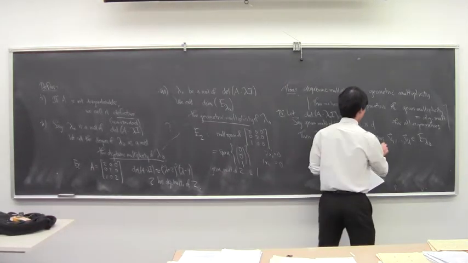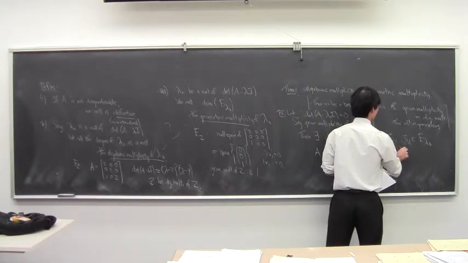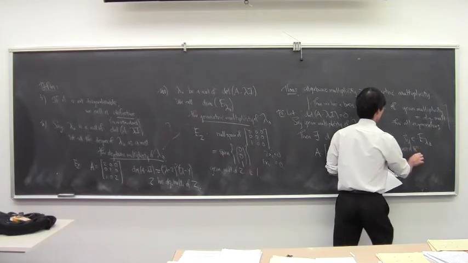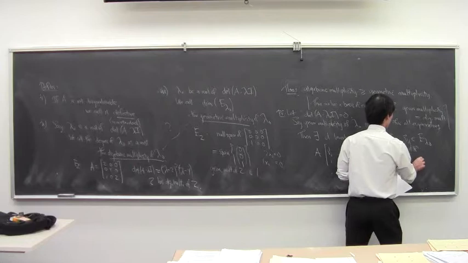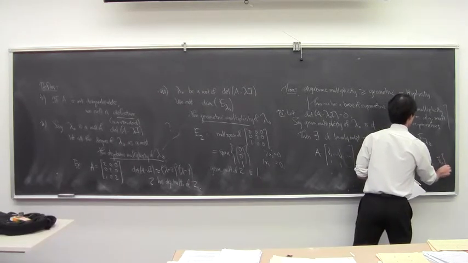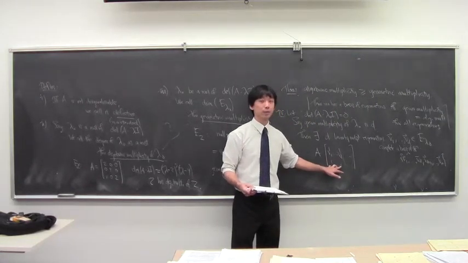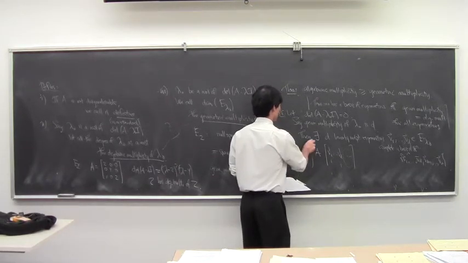So complete a basis of Rn, creating a basis v1, ..., vd, vd plus 1, ..., vn, using those guys as the first elements of your basis.